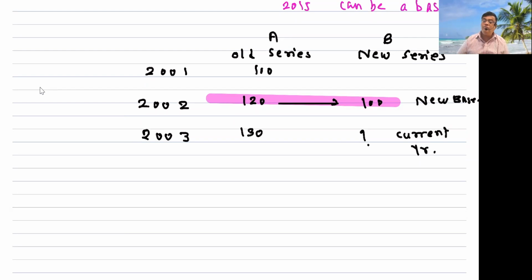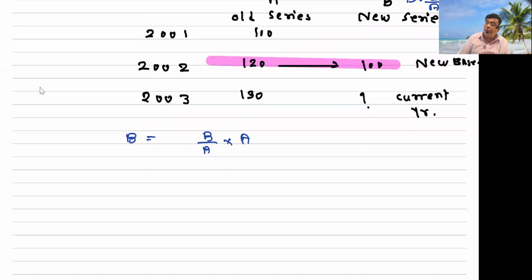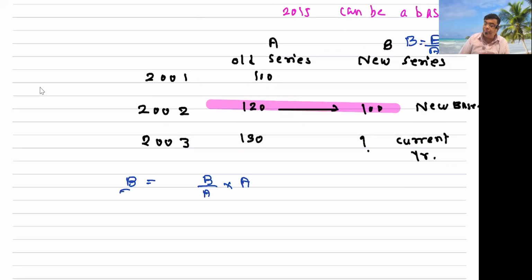Now I just use the formula that I have used for splicing. मेरे तरफ देखो. That B is equal to B over A into A. यही formula हम use करेंगे. But remember, what is this B?